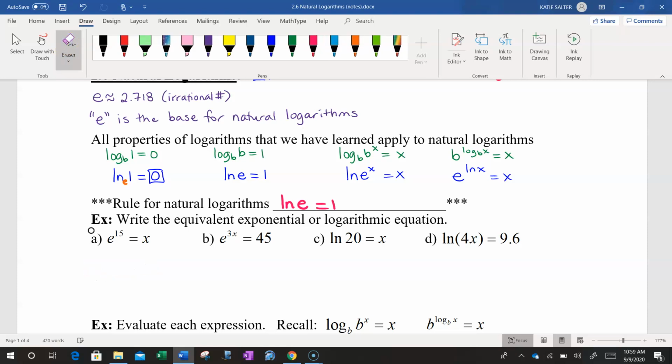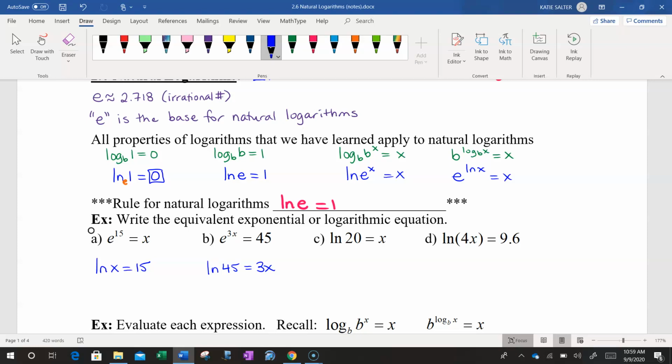Anytime we have a base e problem, we know we're going to use natural log instead. So we would say the natural log, you do not write the subscript, it's known to be there, of x equals 15. Anytime you say natural log, it's automatically known to be base e. All right, so the next one we would say the natural log of 45 is equal to 3x. Again, we know to use natural log because it has a base of e.